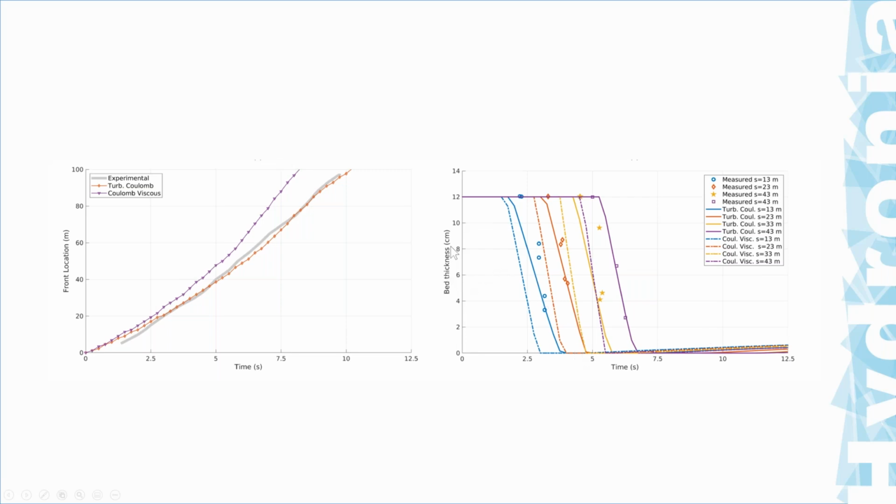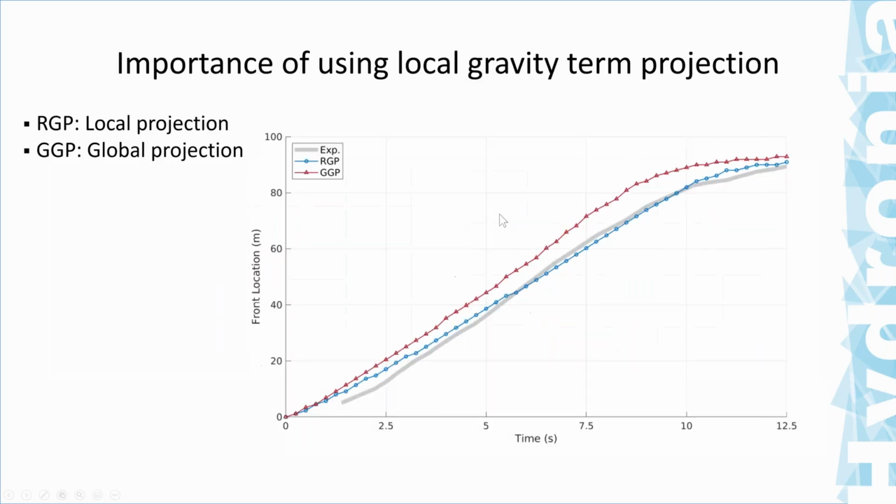You see here also the bed thickness is another parameter that we compare with, and the continuous lines represent the model with different formulations, and the dots represent the data, and we got pretty close results in this comparison. We also check on the assumption that we have.